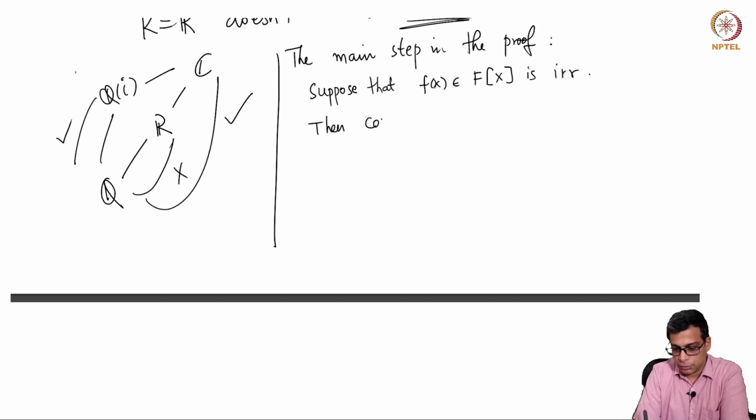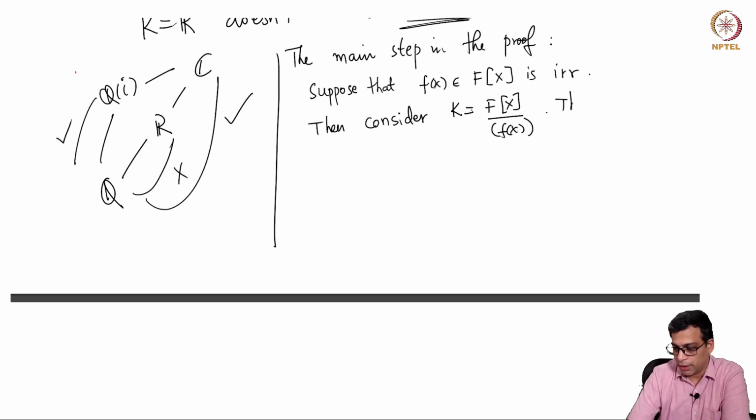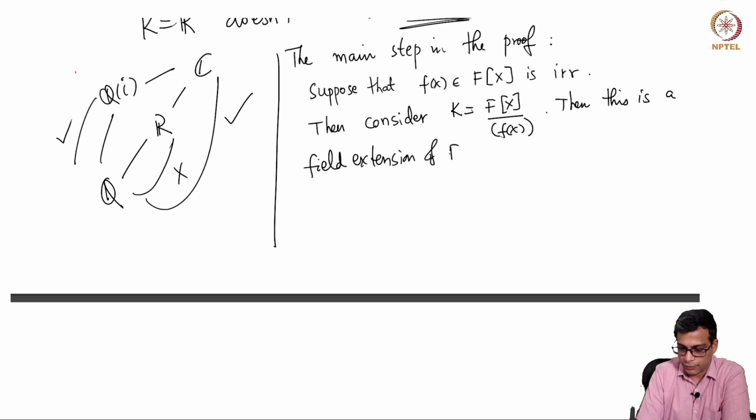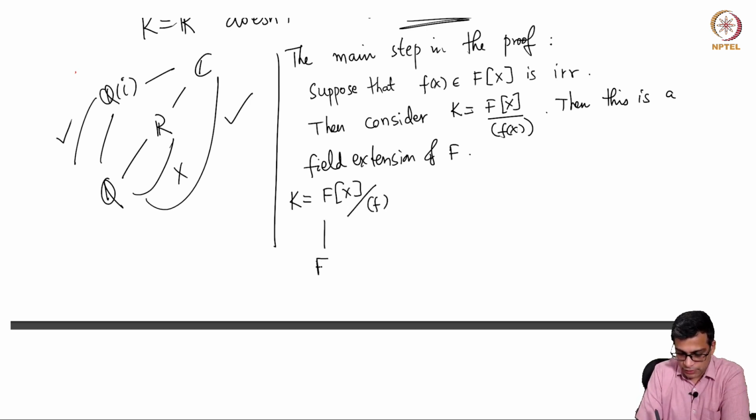Consider K to be F[x] modulo (f). Then this is a field extension of F. So what you have is K, which is defined as F[x] modulo (f), is a field extension.